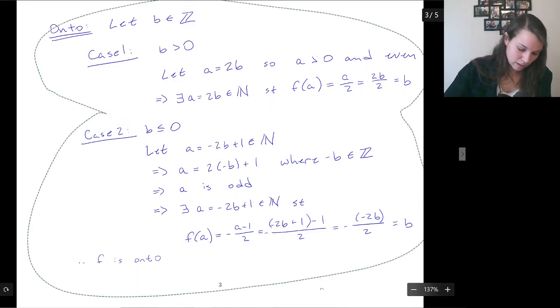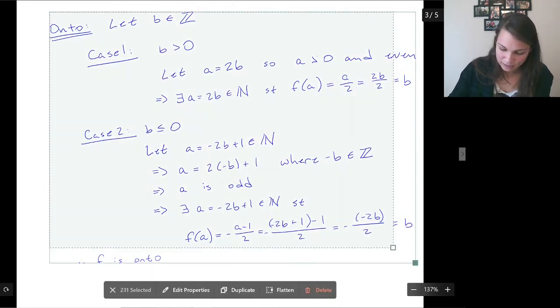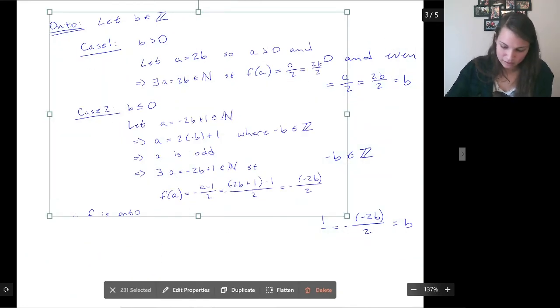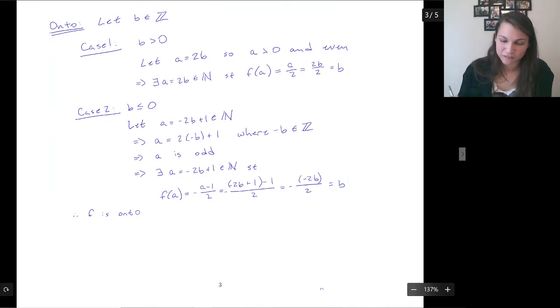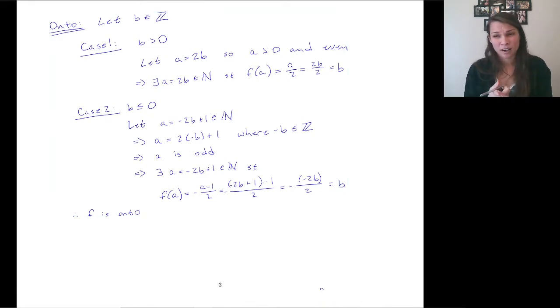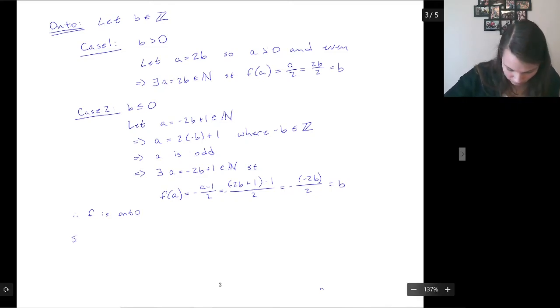And now we have our template ending for countability proofs. Step 2 is very long if you can't see it. Step 1 is hard, and then step 2 is tedious in that template. So since f is onto, that means f is a bijection.